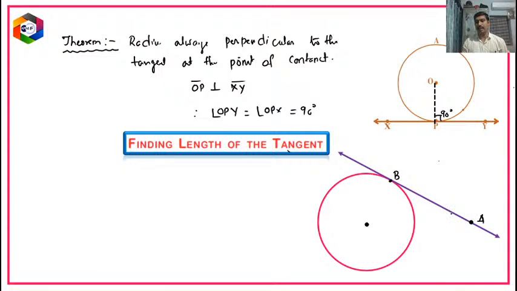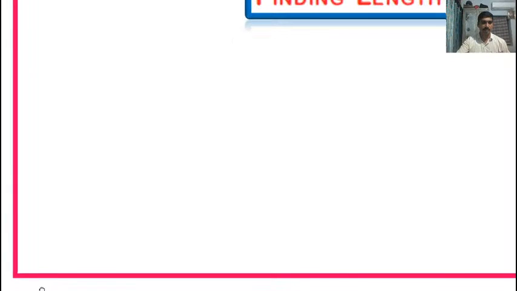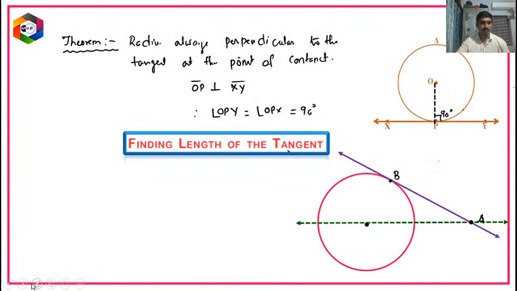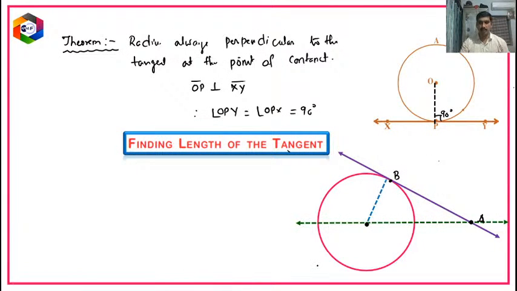Here AB is the tangent. Now what is the length of the tangent? Suppose you know the distance from the center and you know the radius. Here this is the center O, this is the distance D, and this is the radius.